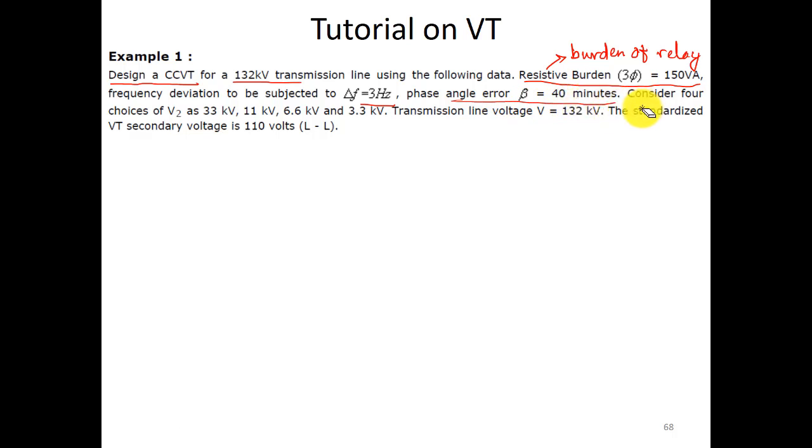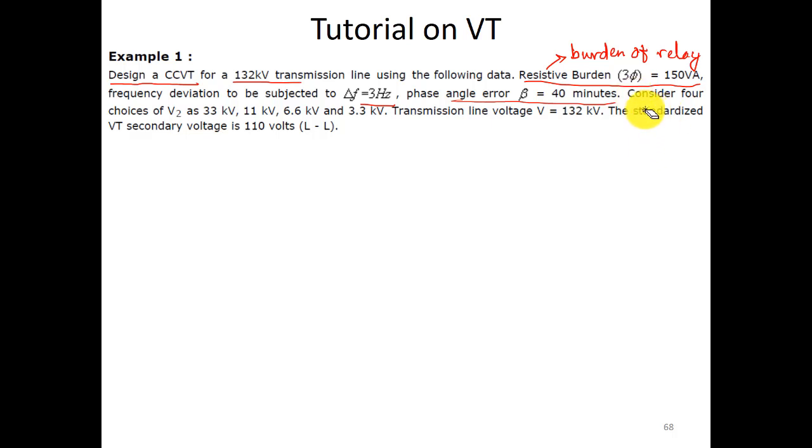When the frequency deviation occurs, the resonance between the capacitance and the tuning reactor deviates, and because of that there is a phase angle difference between the voltage across the relay and the voltage that is fed in the primary circuit. That angle difference is known as the phase angle error.